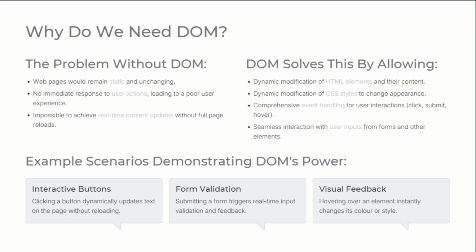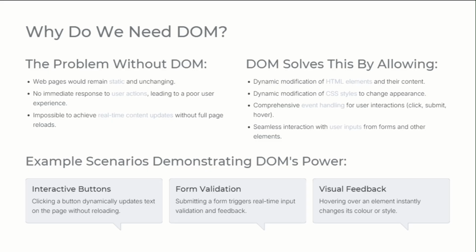Why do we need DOM? Without the DOM, web pages would remain static. There would be no immediate response to user actions like clicks or form submissions. Real-time content updates would be impossible without reloading the entire page.